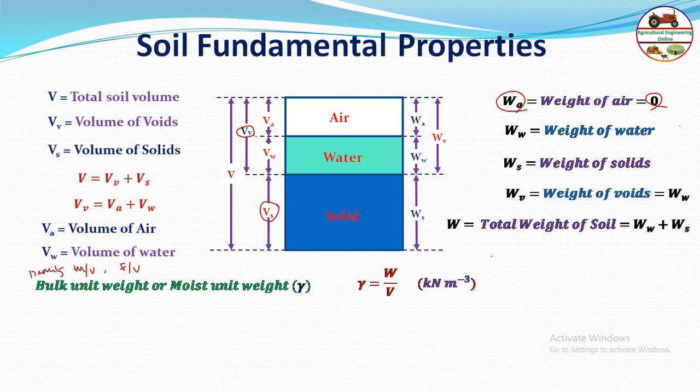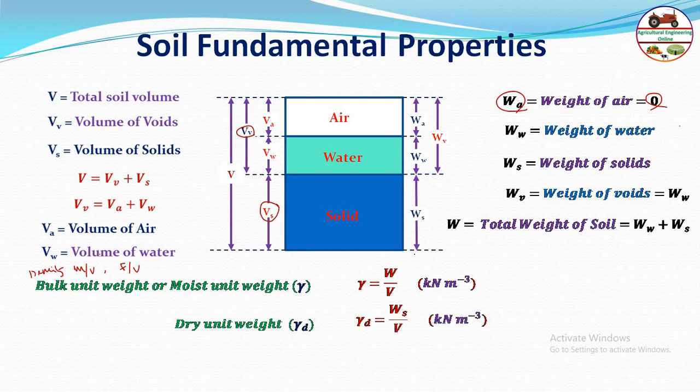See, bulk means we are not considering how much water is there or how much air is there. Then the dry unit weight: when we remove the water from the soil, only the weight of the solids, Ws, remains, and the volume is the total volume of the soil.